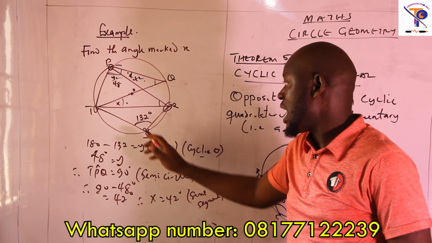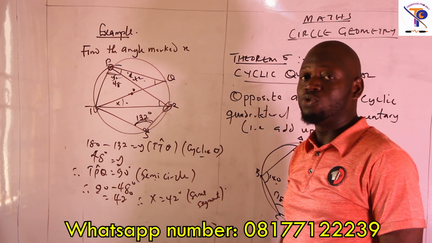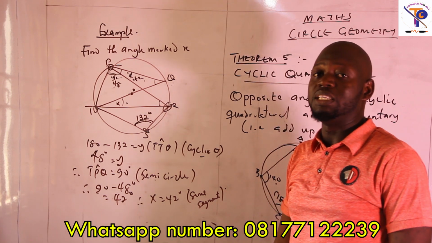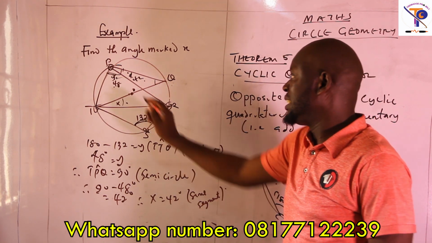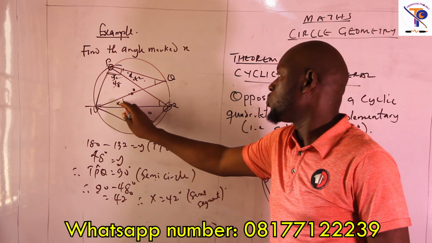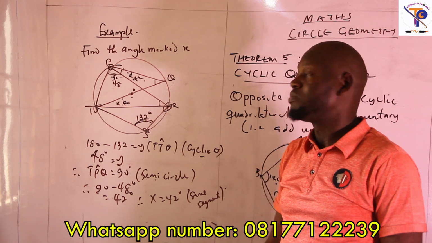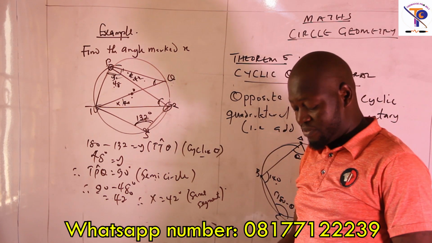So that's why I can relate this one with this. So if I have 32 here, definitely this is 48. And from this diameter, I have a right angle, so definitely this will be 42. So if this is 42, then this is 42 as well. Same segment. That's all we have there.